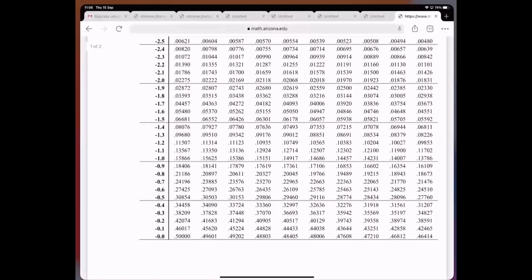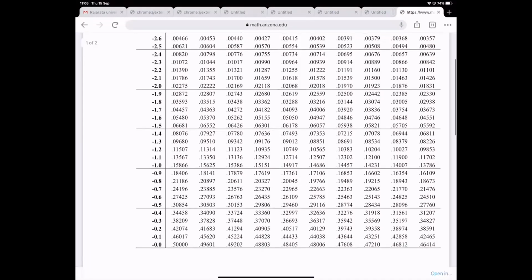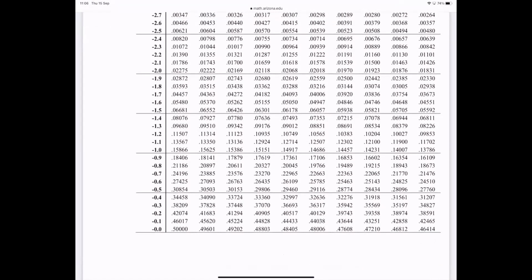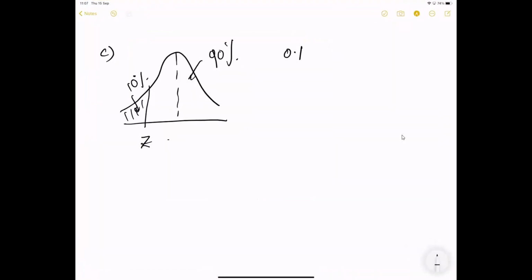It is definitely a negative value, minus 1.28, because the question clearly says the area to the left of Z.